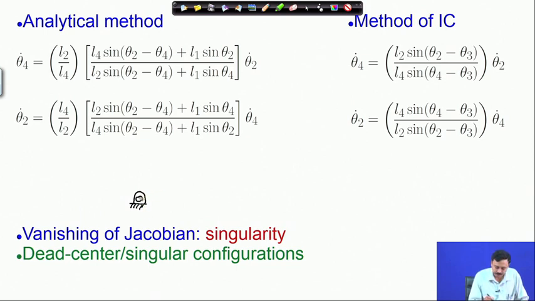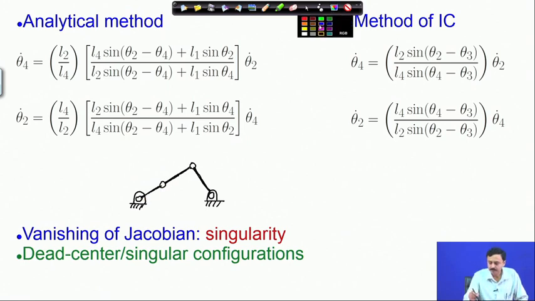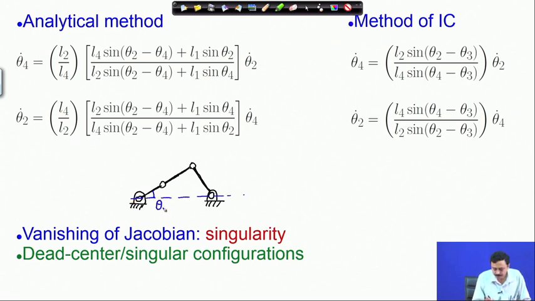So, when you use the method of ICs, we had found that this was one of the singular configurations, because theta 2 equals theta 3.